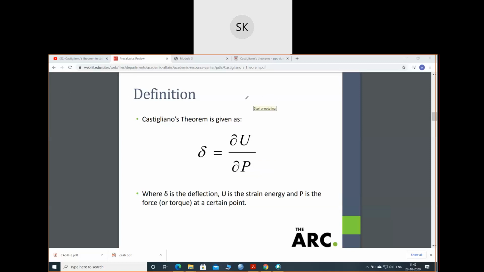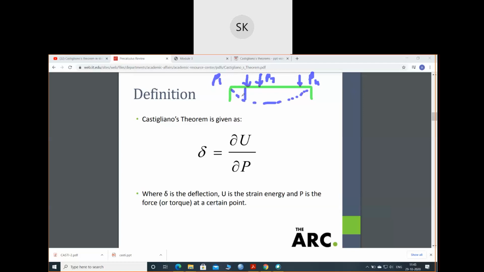So let me take an example of a beam. Okay, a simply supported beam. Suppose this is a simply supported beam. I'm applying some loads. Consider this one P1, this one is P2, and suppose this one is Pn. Due to these loads, your beam has been deflected.